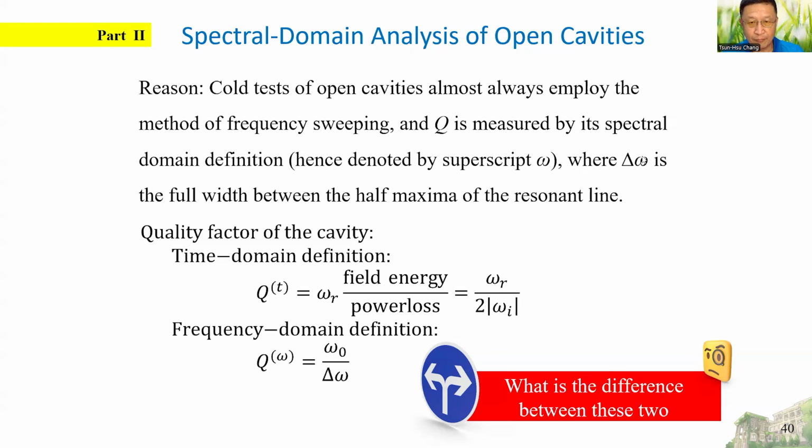And the Q value is measured by its spectral domain definition, hence denoted by a subscript omega, where delta omega is the full width between the half maxima of the resonance line. The quality factor of the cavity in time domain is defined here. However, in frequency domain, we have a superscript omega, and superscript T for time domain. And here is different: omega 0, the central resonance frequency, divided by delta omega, the full width at half maximum.